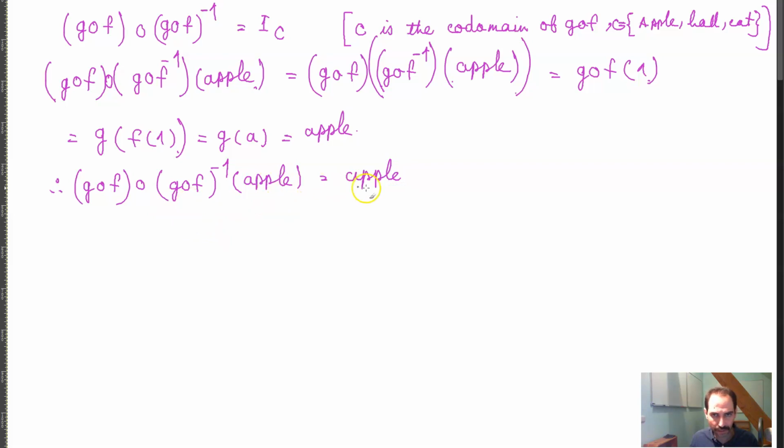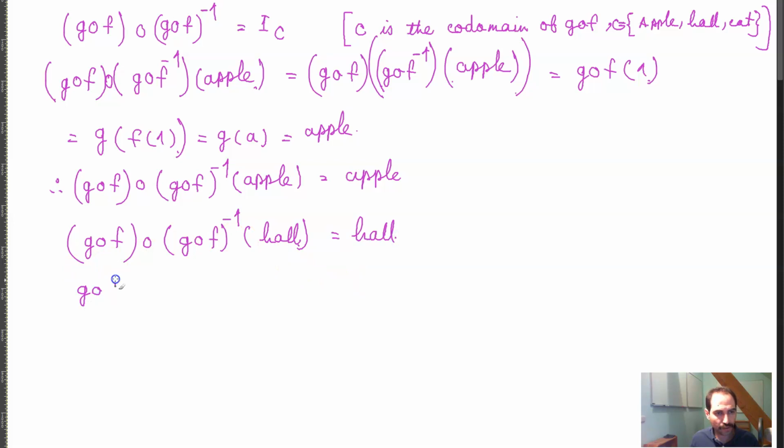And if you try other inputs of GOF inverse, you will get that GOF of GOF inverse of ball is equal to ball, and GOF of GOF inverse of cat is equal to cat.